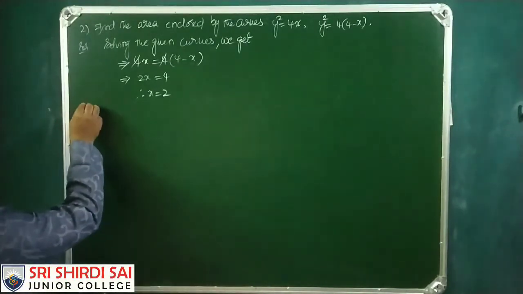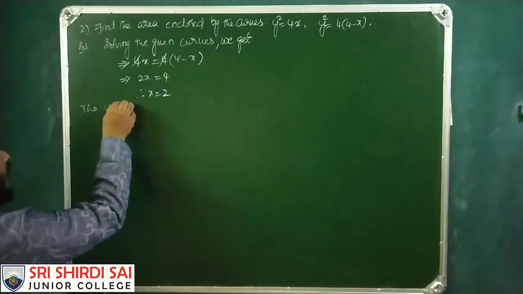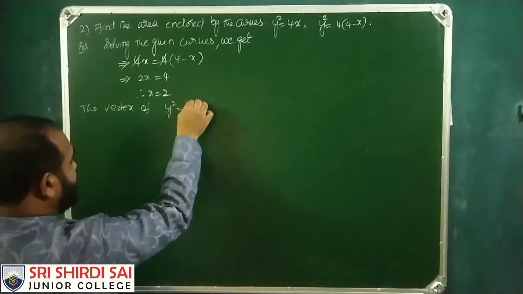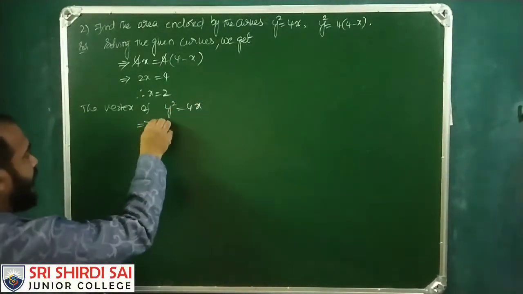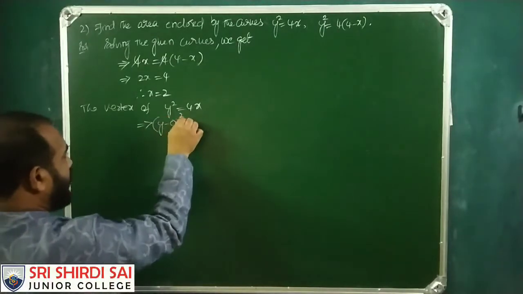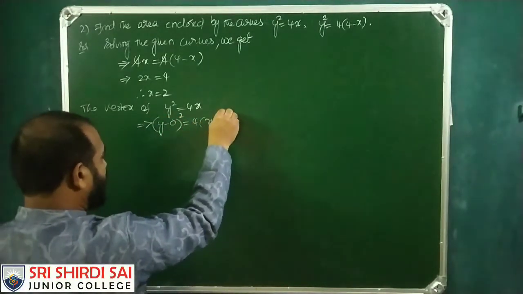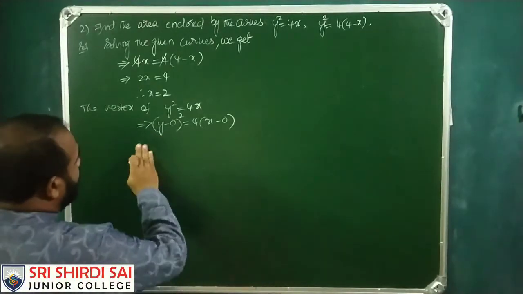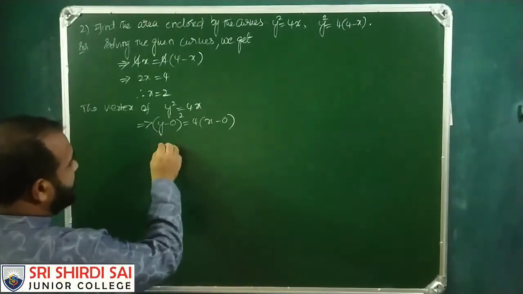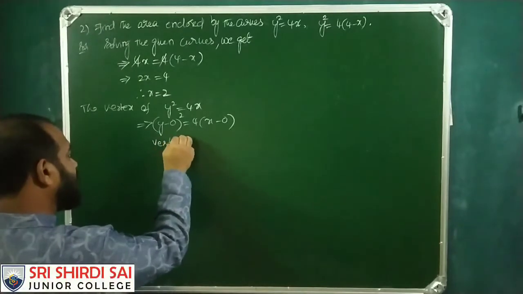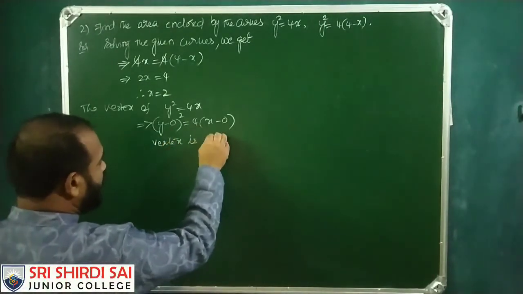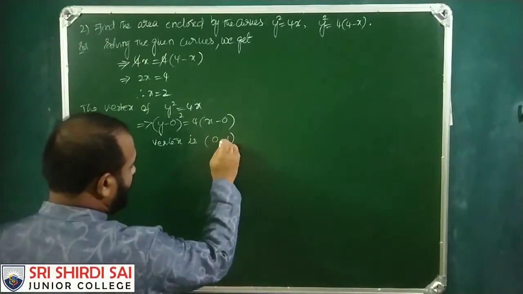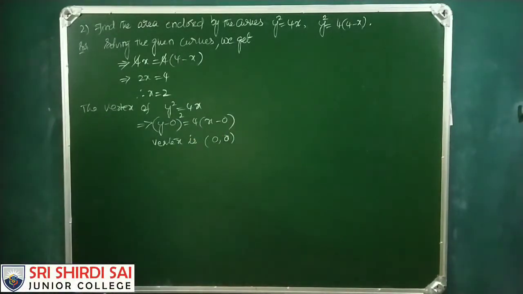So the vertex of y square equals 4x is y minus 0 whole square equals 4 into x minus 0. Therefore the vertex is 0 comma 0, whose vertex is at the origin.